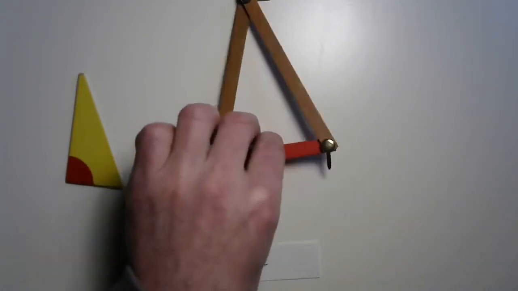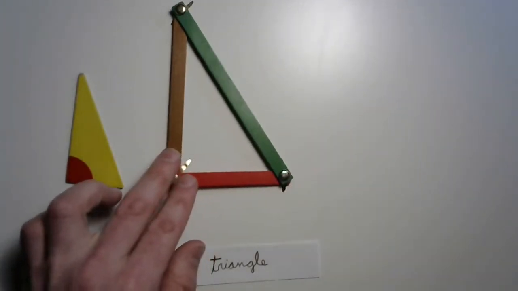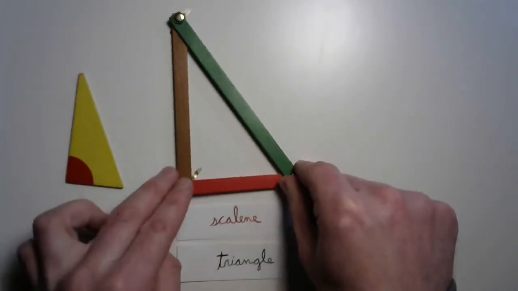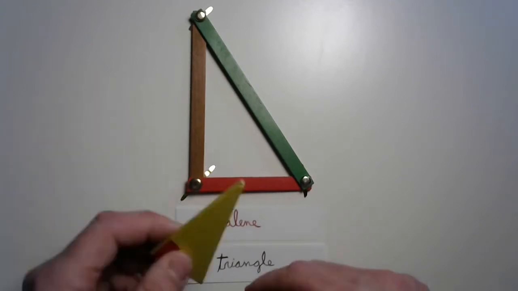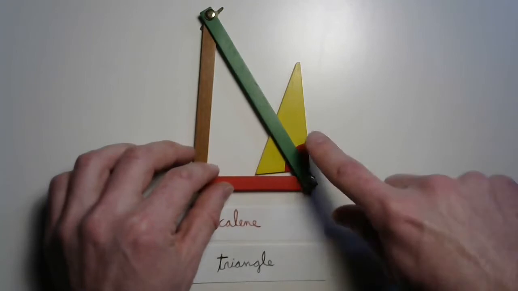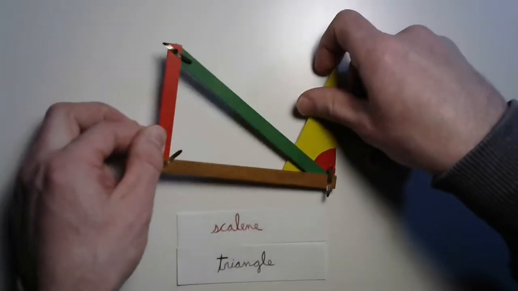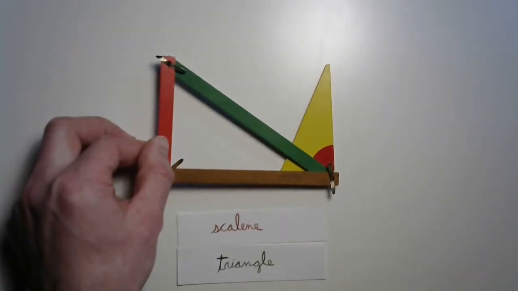Let's bring out another triangle. Hey, how about that scalene triangle? Right, scalene triangle. Let's take a look at this one. I'm actually going to measure this angle first. We've got an acute angle. Must be another acute angle triangle, huh? Let's measure this one, like going backwards this time. That's another acute angle.